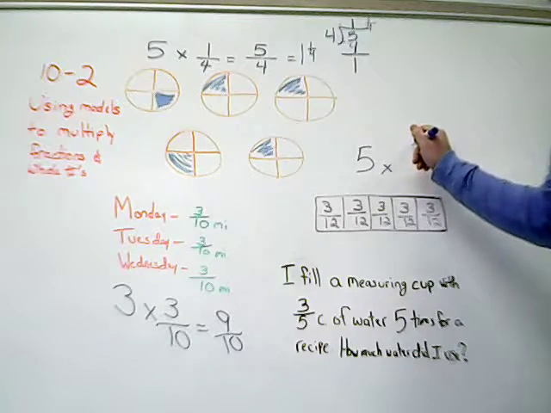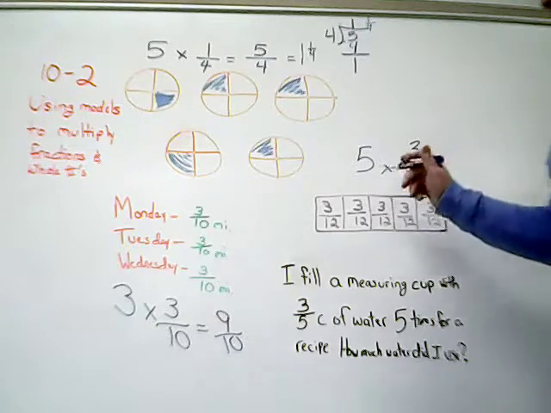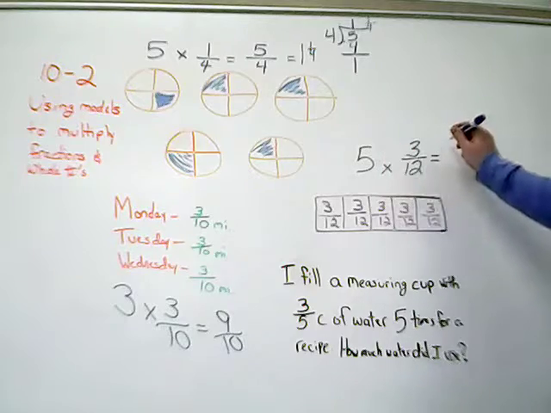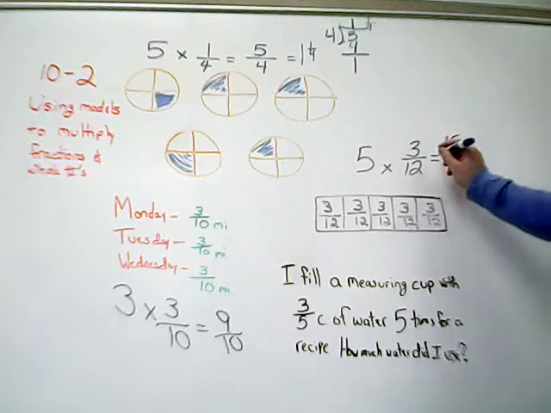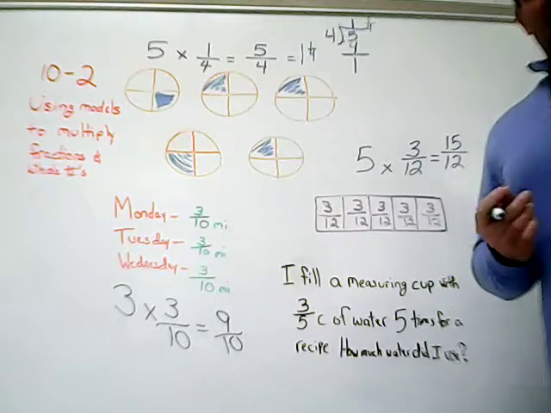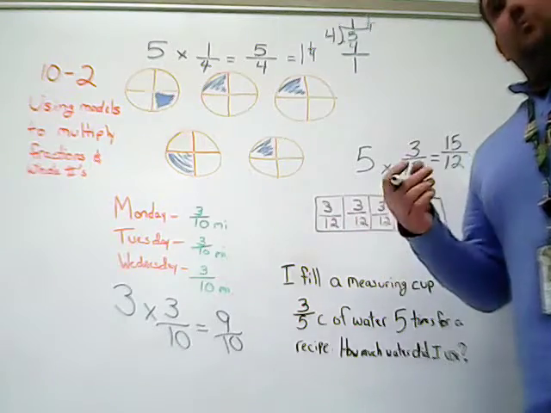So I'm going to multiply by 3/12. My whole number times my numerator, 5 times 3 equals 15. My denominator stays as a 12. I have an improper fraction, so I have to do a little bit of division to figure out how to make it a mixed number.